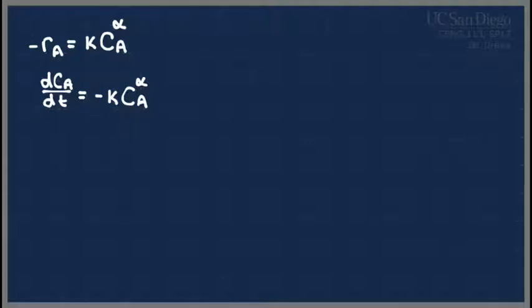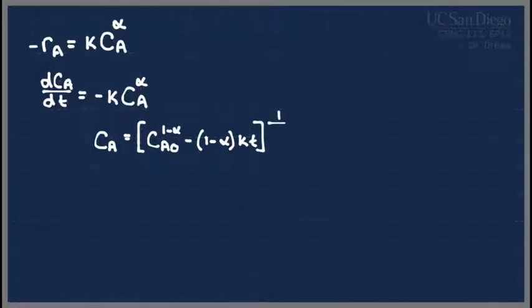But if you were to integrate that, what you would end up with is CA is something that looks kind of nasty: CA0 to the 1 minus alpha, minus 1 minus alpha times KT, and then all of that raised to 1 over 1 minus alpha. This is specifically for the case of alpha not being equal to 1.